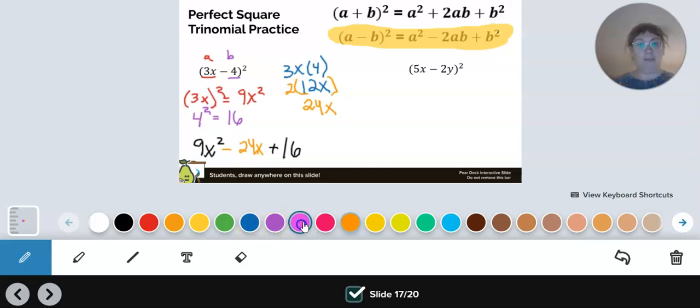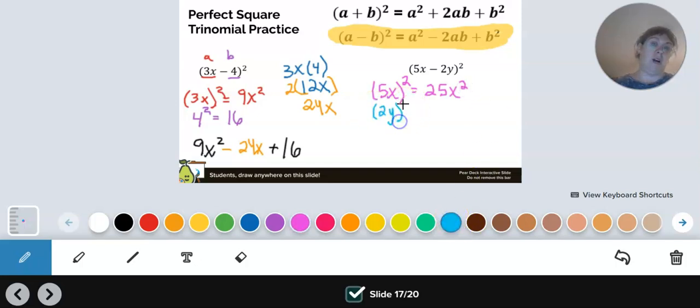Over on the right, our first term is 5x. So when we take 5x and square it, we get 25x squared. Our second term is 2y, and when we square that, we get 4y squared.